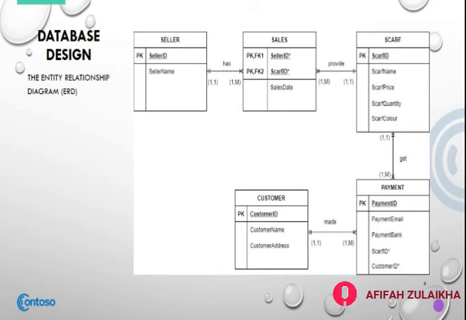For scarf and payment, each scarf receives a payment, and a payment is received by one scarf. For customer and payment, a customer makes many payments, and each payment is made by a customer. The connectivity for all entities in this ERD is a one-to-many relationship.